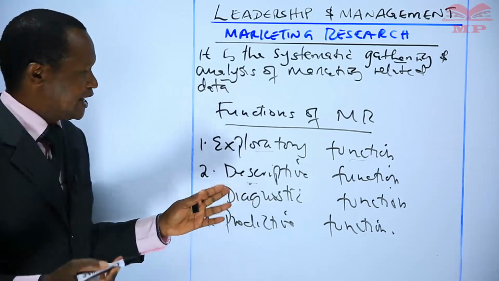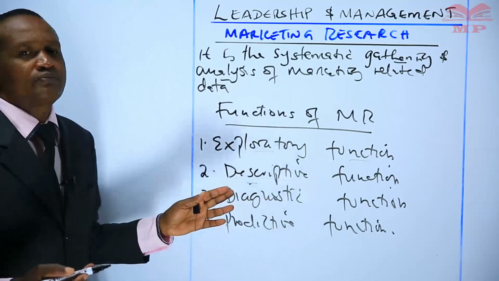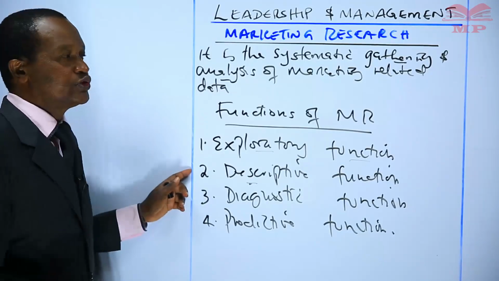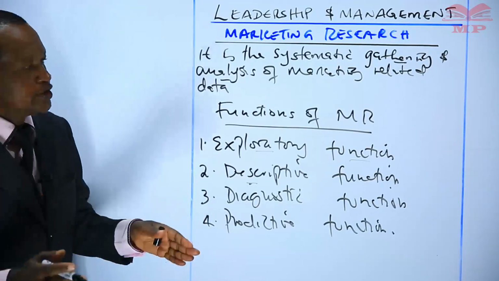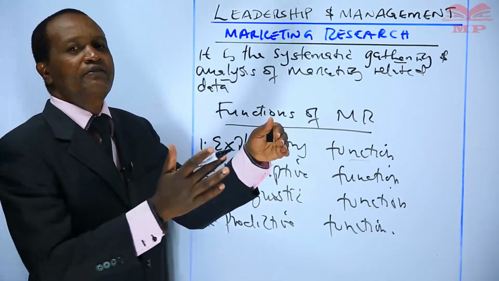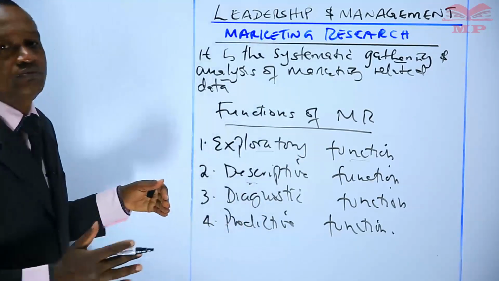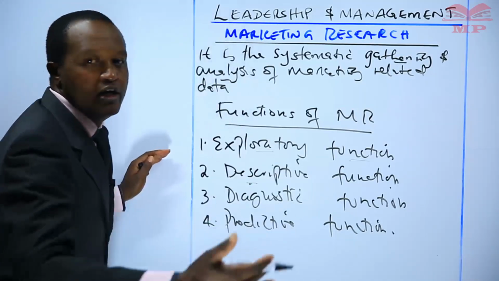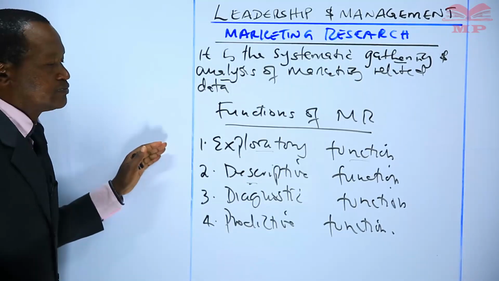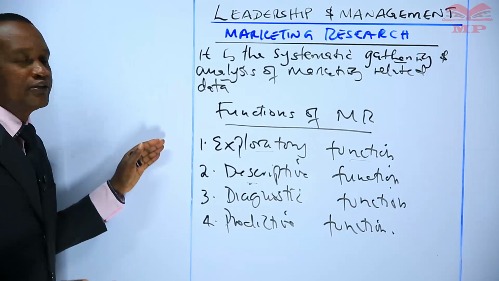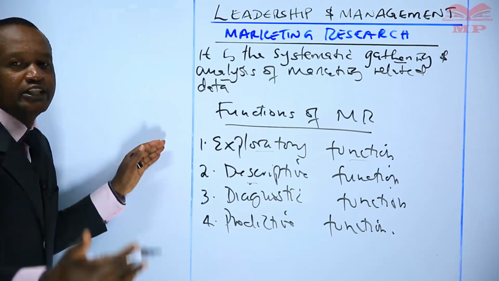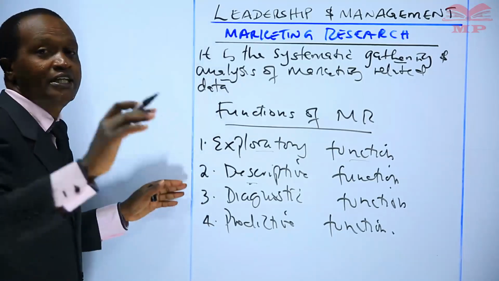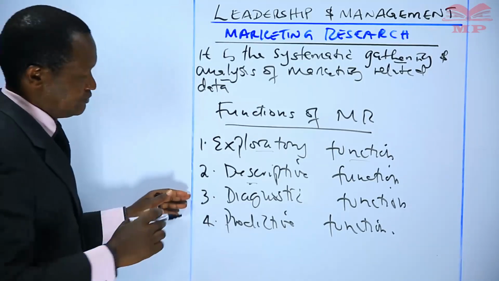Under diagnostic function, data analysis techniques are used to investigate relationships and phenomena within data that can be gathered through marketing research. It is an important function to marketers because it allows marketers to discover interrelationships within data that is collected.